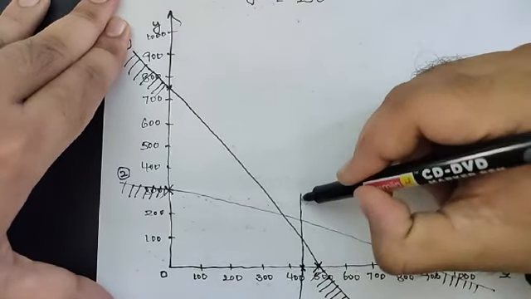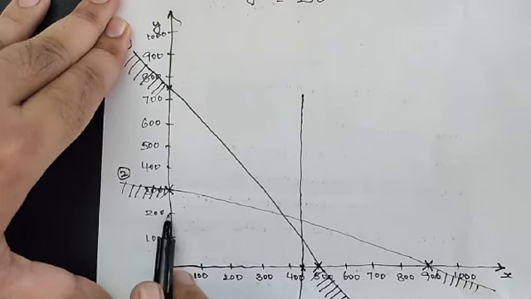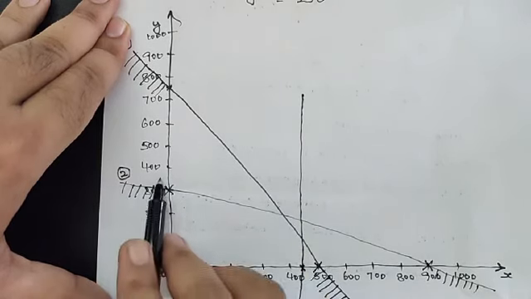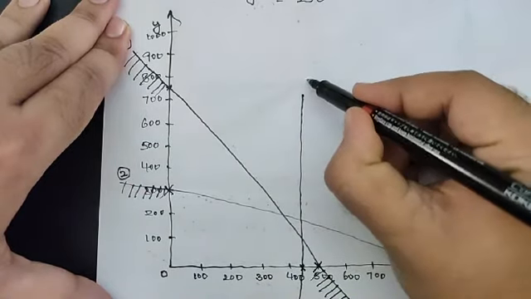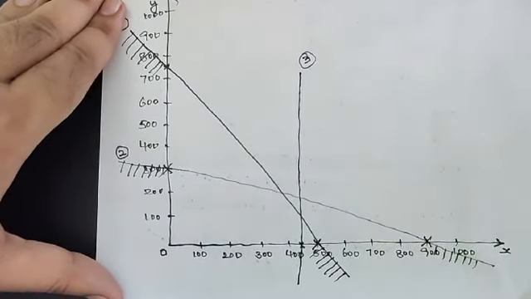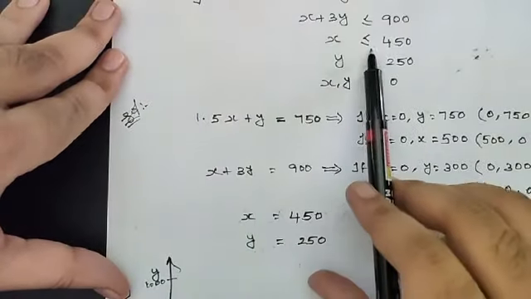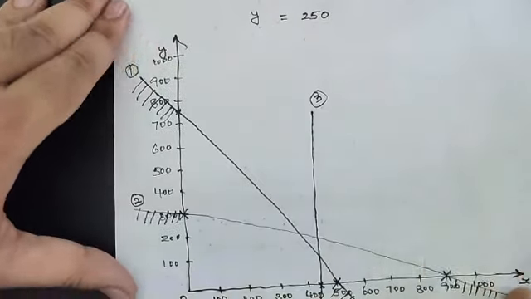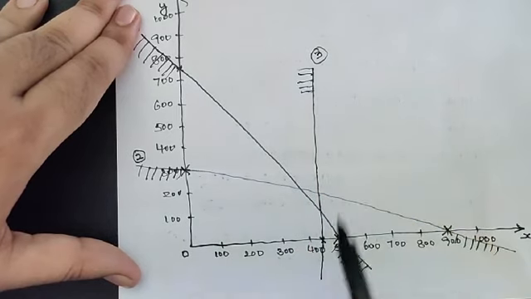That means if y is 0, x is 450. If y is 100, x is 450. If y is 200, x is 450. If y is 600, x is 450. Right? So for any value of y, x is equal to 450. So that is the constraint. What is the type of constraint? Less than or equal to type. So the region is completely on the left side of the line. If greater than is there, the region is completely on the right side of the line.